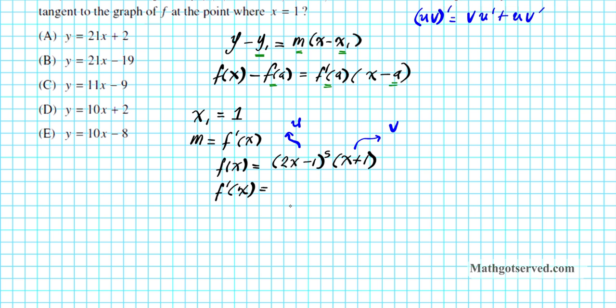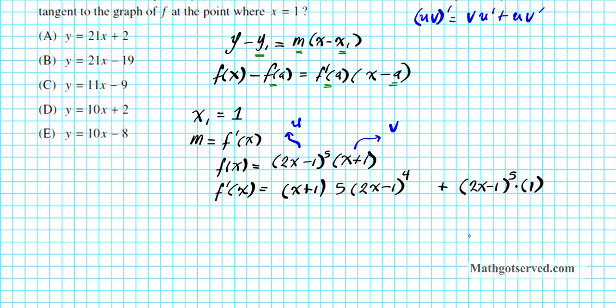So we're gonna do v, x plus 1, times u prime, which is 5 times 2x minus 1 to the 4th, plus u, which is 2x minus 1 to the 5th, times v prime, which is just simply 1. Alright, so that's the derivative.